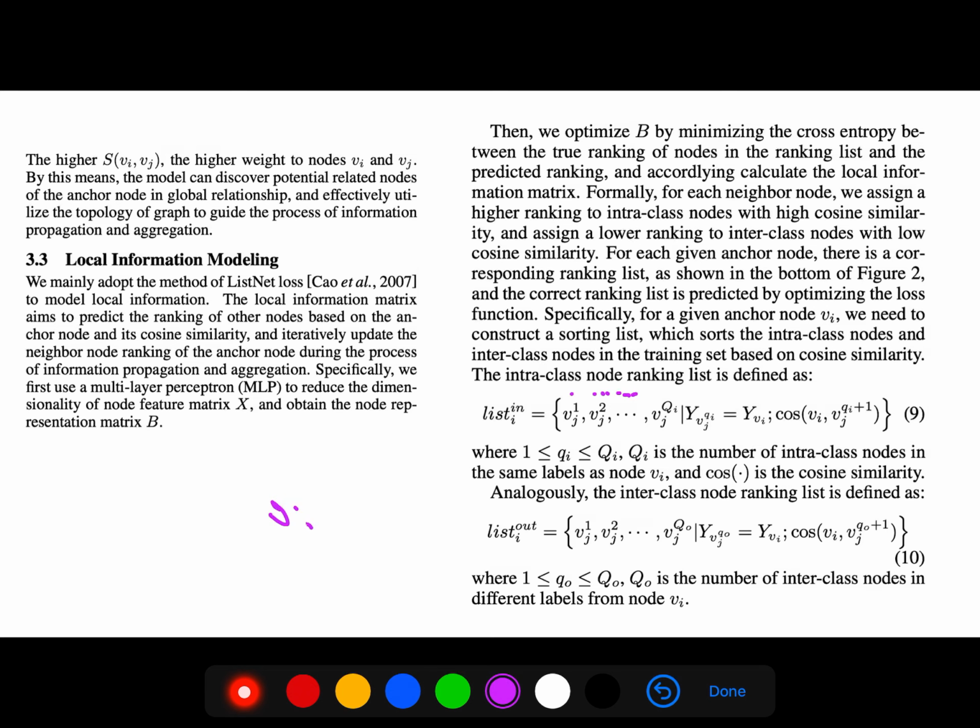This is a ranking list, and Qi is less than Qi, where Qi is the number of intra-class nodes with the same label as node V sub I. Analogously, the inter-class node ranking list is like this. So this is the intra-class node ranking, and this is the inter-class node ranking.